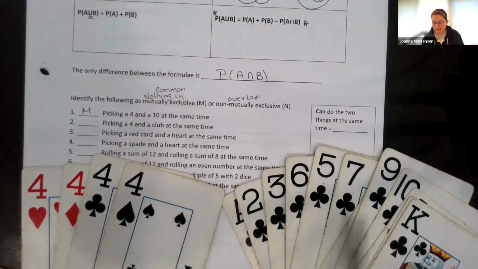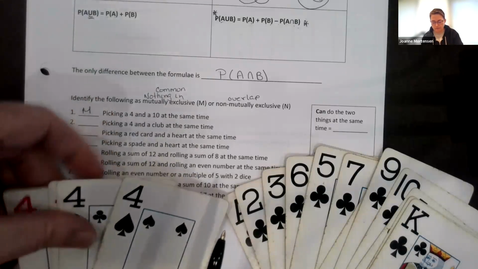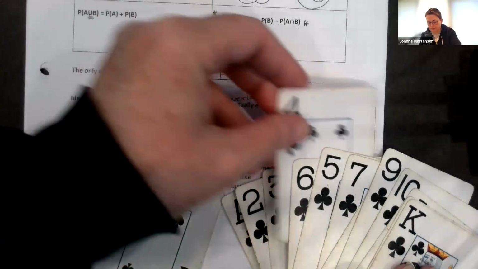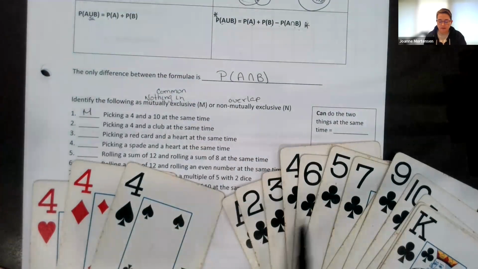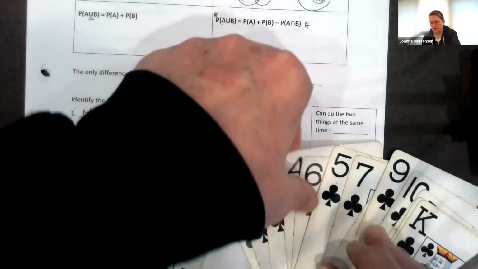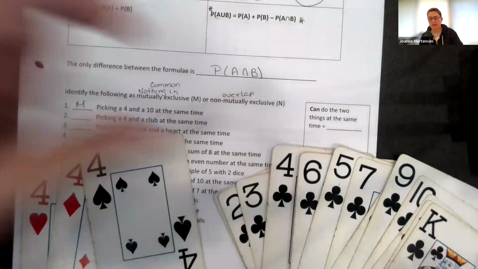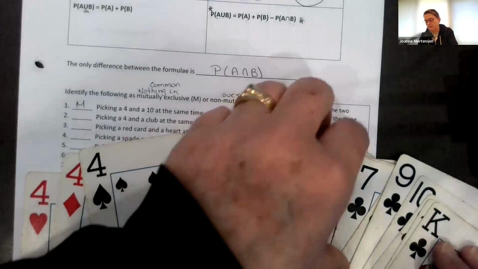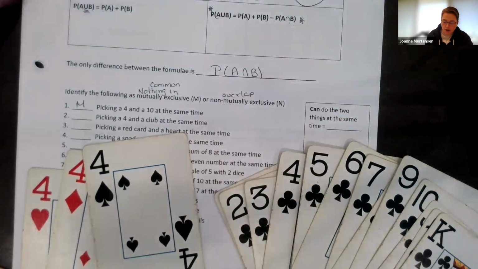But when I go to do my clubs, this 4 also belongs over here. Oh, I got my numbers wrong there, whatever. So if it can fit in both of the sets, so it can be a 4 over here, it can be a club over there. Okay, this is just really bugging me that I got the 5 in the wrong spot, sorry. Then that's not mutually exclusive.